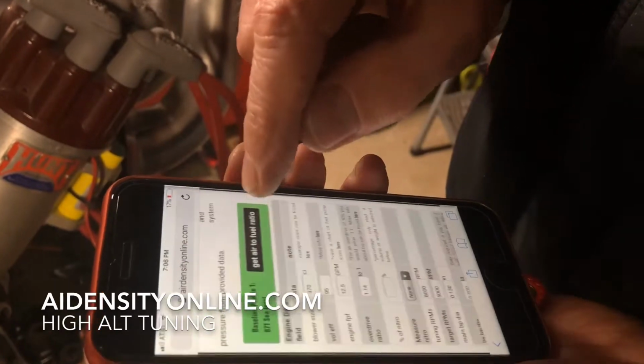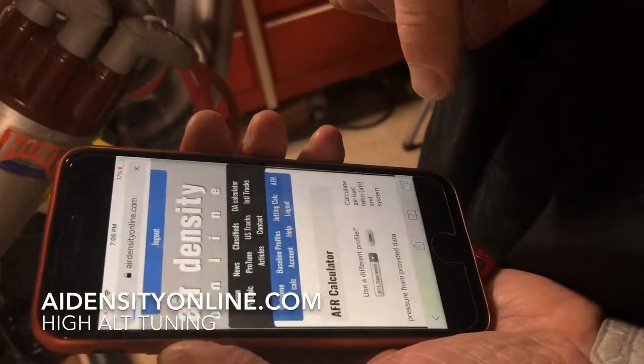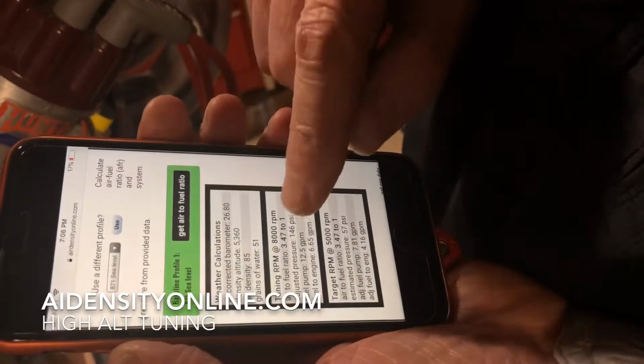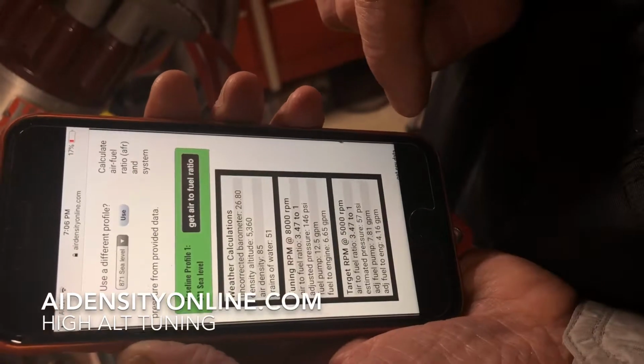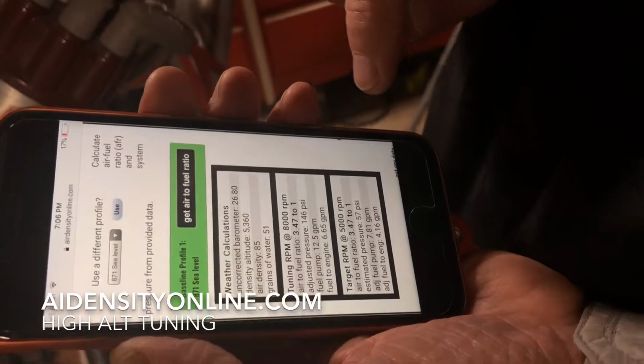If I don't do anything to my sea level setup and run the engine the same way, my air to fuel ratio is 3.47. That is really rich, and the engine isn't going to run very well.